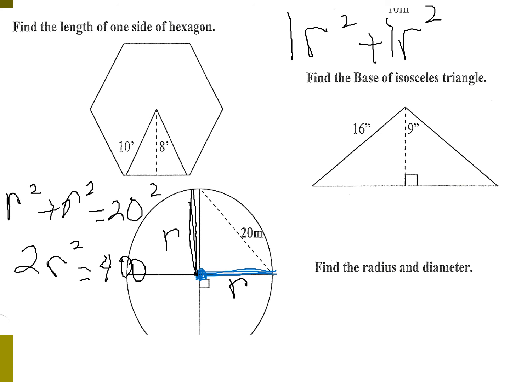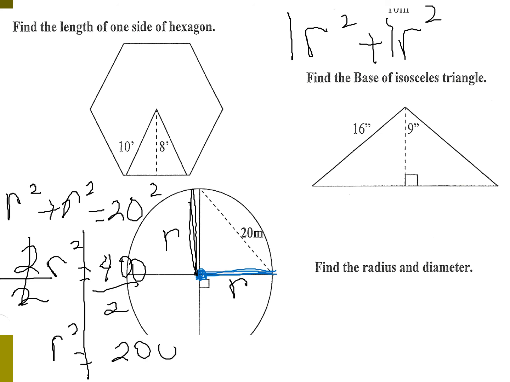Now finish it up. You can't do any math here, so let's start getting rid of stuff. It's easier to divide first. Divide out the big 2, divide out the big 2, and then radius squared is going to be 200. You take the square root, just like we did on the other ones, and it's 14.1 for your radius.